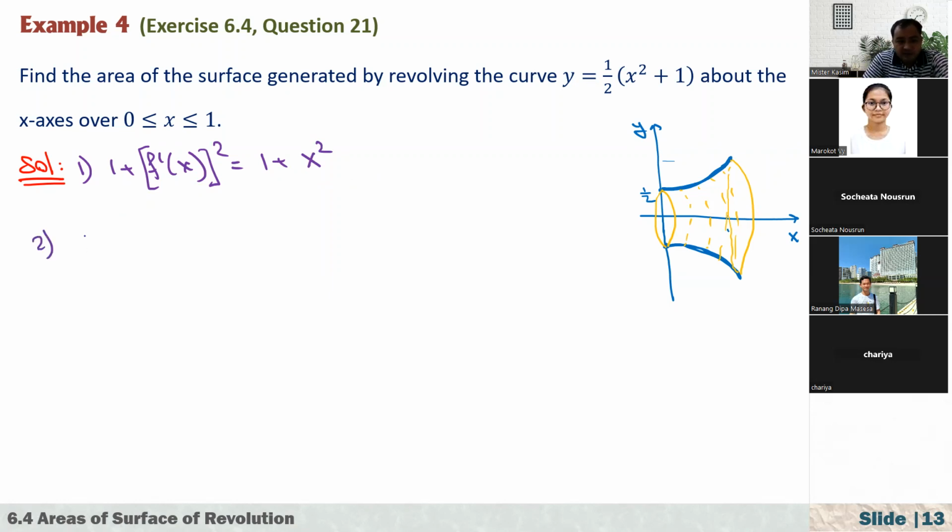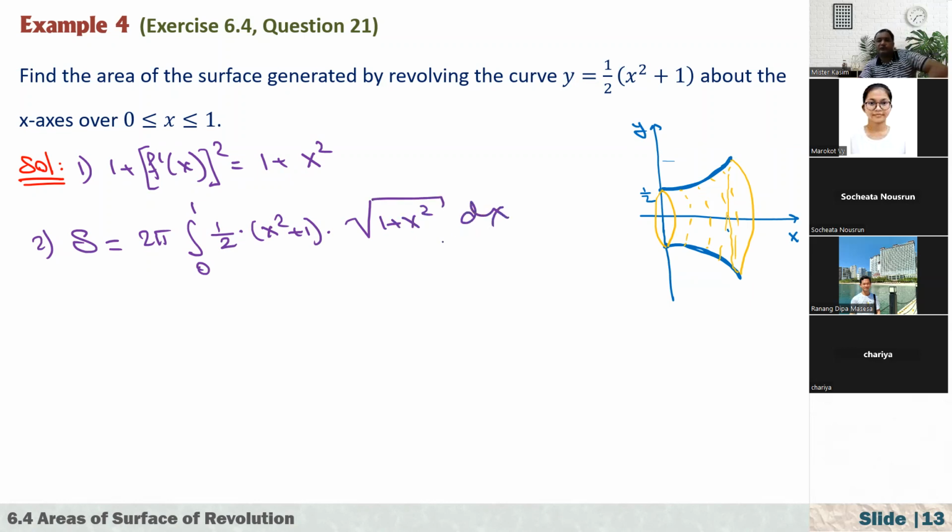And the second thing is the surface area would be equal to 2 pi, integral where x is changing from 0 to 1, and our function is 1 over 2 times x squared plus 1, times the square root of 1 plus x squared, dx.